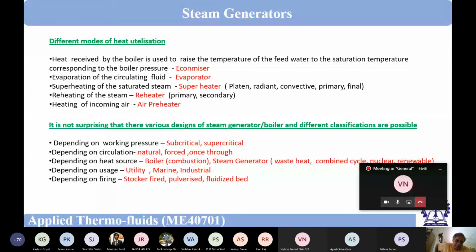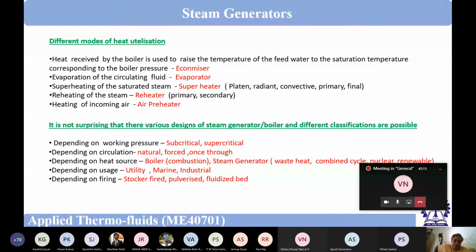Paper pulp we need steam. Textile industry we need steam. Then many petroleum products, petroleum refinery also, we need steam. There the steam is not needed at a very high pressure, but a good quantity of steam is needed as heating medium, processing medium, food processing medium. So there are industrial boilers.